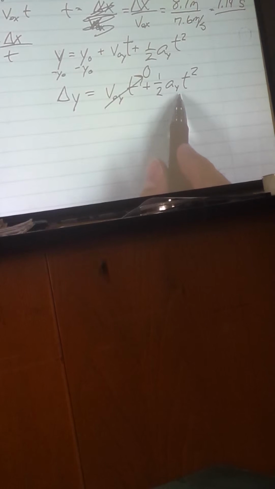So let's solve for t. Multiply both sides by 2 and divide by a sub y, and then take the square root. Wait a minute, we're not trying to solve for t, we're trying to solve for delta y. So we just leave it like that. You should probably keep it like this, yeah, that's a good idea.